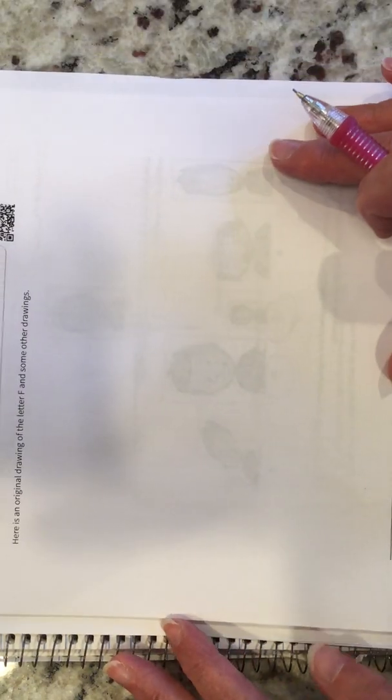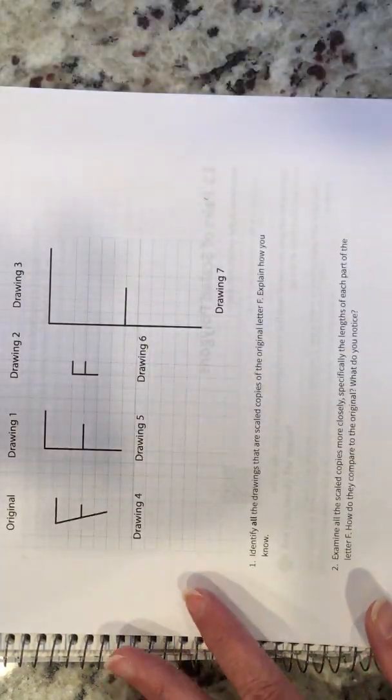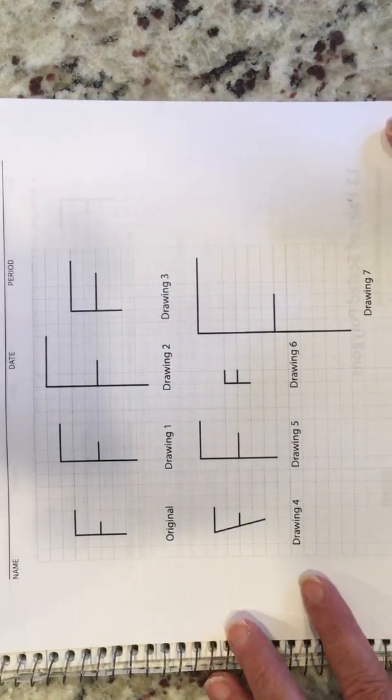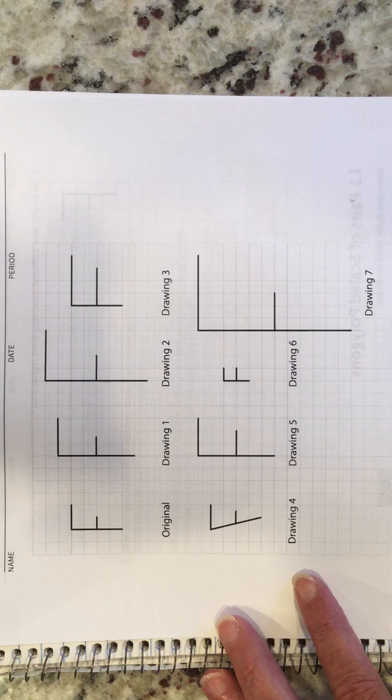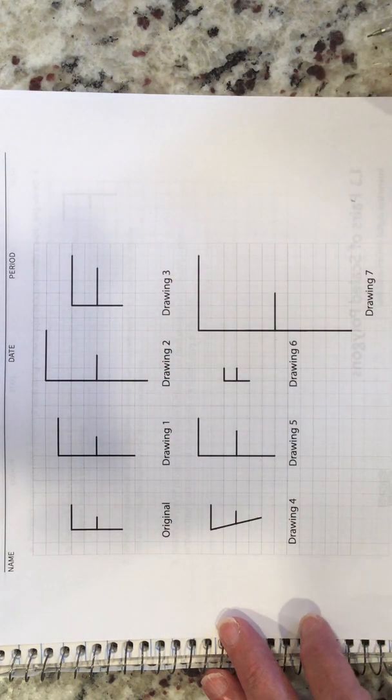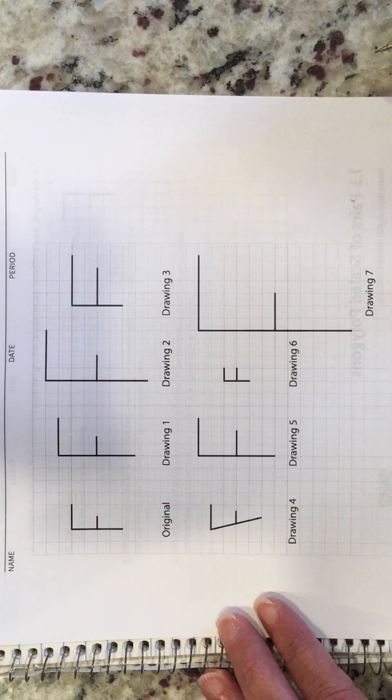All right, the next activity is the letter F. So you are given 7 different drawings of the letter F, and here's our original right here. We are asked to identify all the drawings that are scaled copies of the original F and explain how you know.